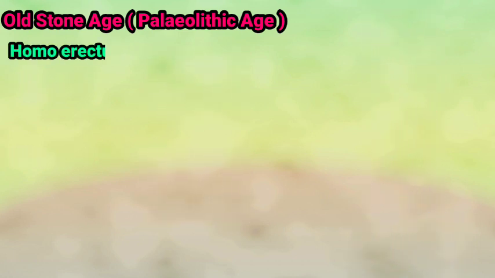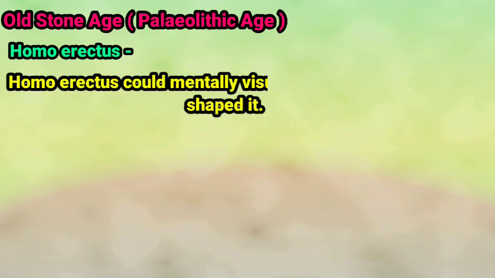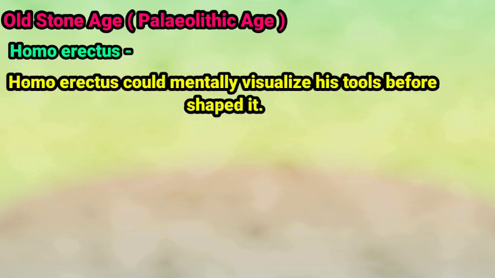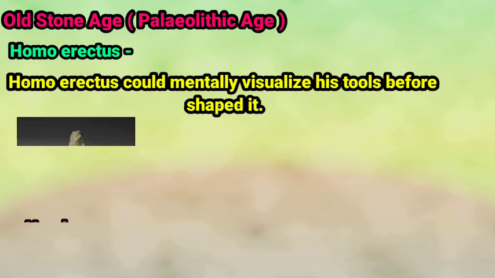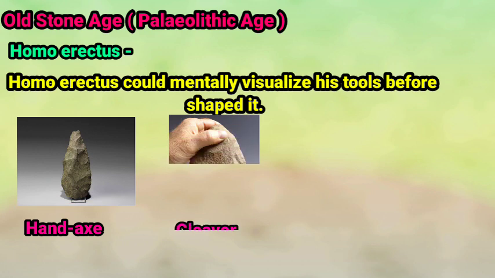Next, Homo erectus. Children, Homo erectus could mentally visualize his tools even before he actually shaped them. Homo erectus made the hand axe and cleaver, which were more proportionate and symmetrical than the chopper made by Homo habilis.